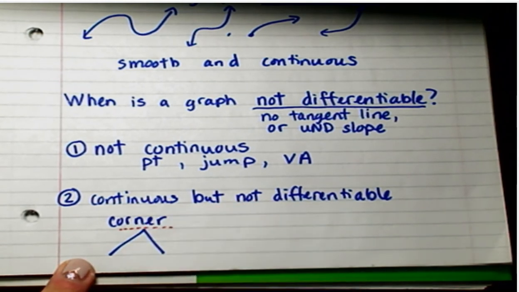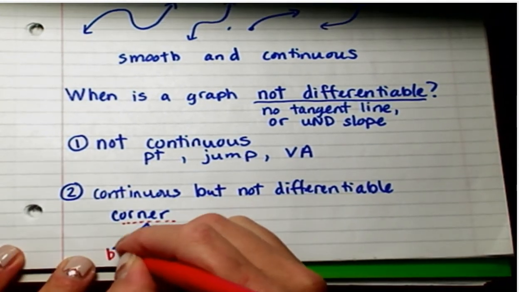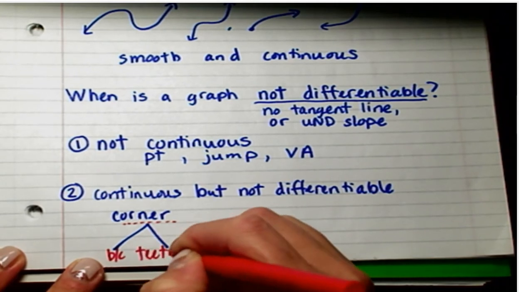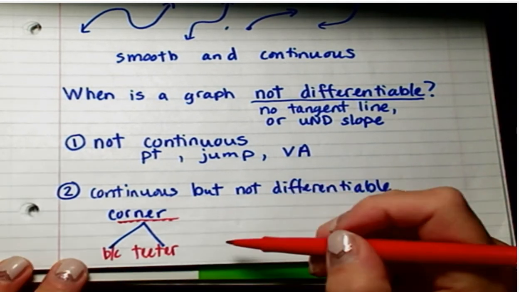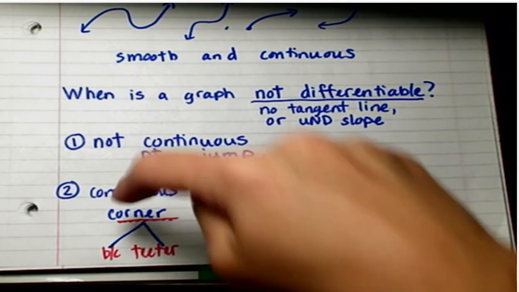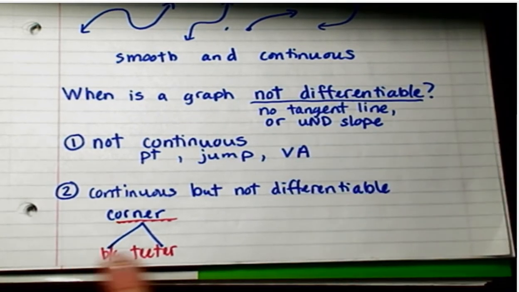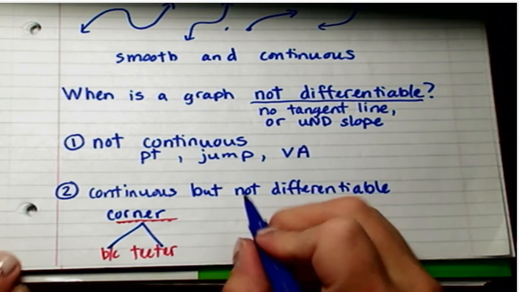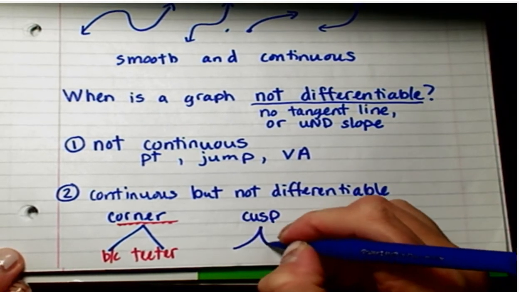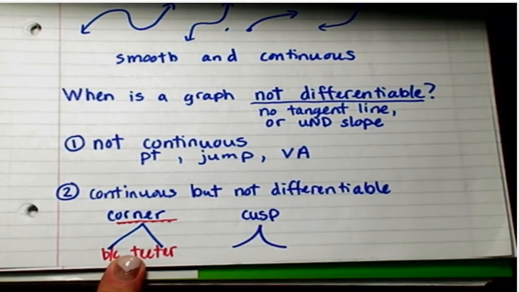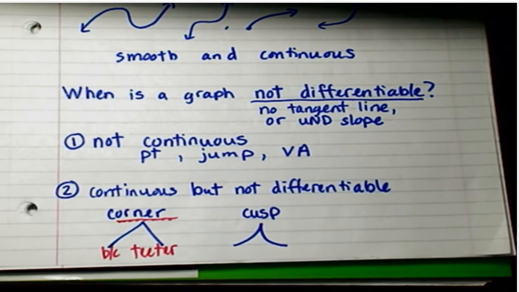So when I think of this right here, because the line teeters, the tangent line sort of balances at the top of that point. There is not one tangent line. Not differentiable because the tangent line is teetering or balancing at the top. This one is called a cusp. A cusp is just curved. It's kind of the exact same thing as the corner, but it's curved as it's approaching that one point.